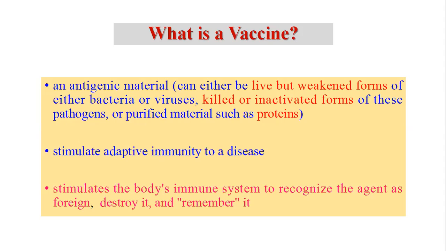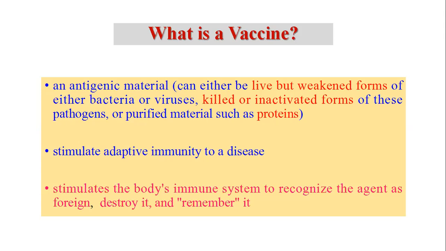So if I am going to define a vaccine, I must say that vaccines are antigenic material, and this antigenic material can be the whole pathogenic microorganism. It may be a virus, bacteria, fungi, or another parasite.